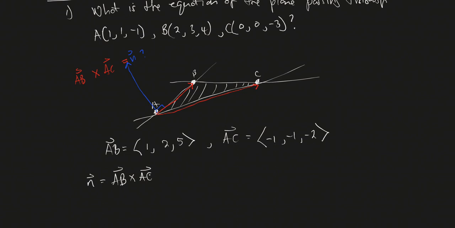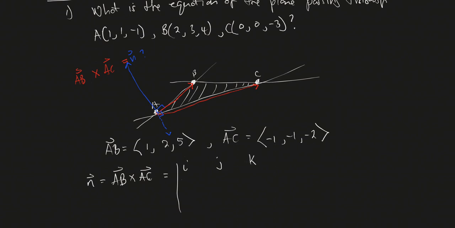Remember, when you switch the order of a cross product, it changes the sign of the vector. So if I did AC crossed AB, I would get this vector here, which would still work. It's just, again, a different normal vector, right? So you can't really mess this one up. It's just a matter of making sure that you first find two vectors in the plane and then do the cross product. So let's do our i, j, k.